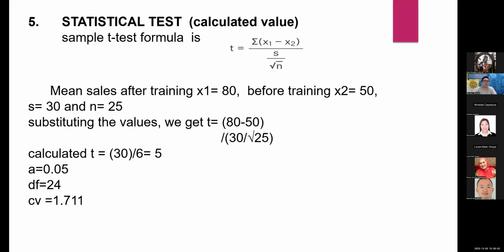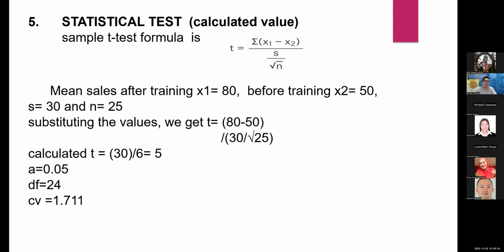So substituting the values, we get t equals 80 minus 50 over 30 divided by the square root of 25. So we get the calculated value of 5.